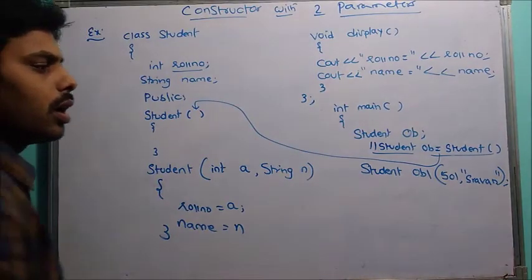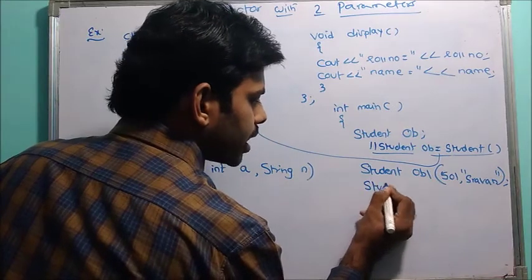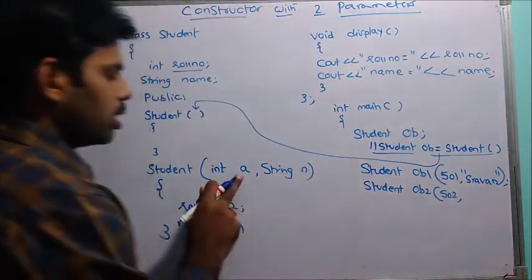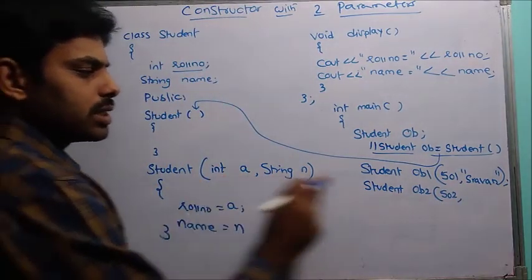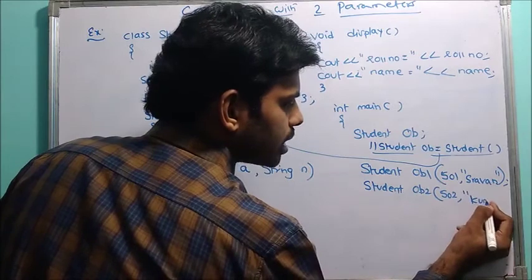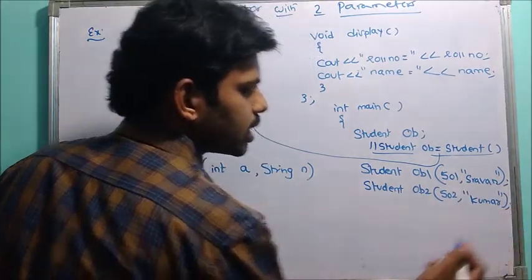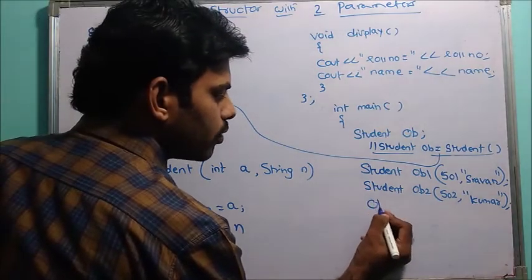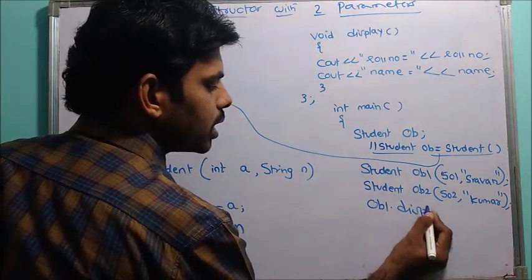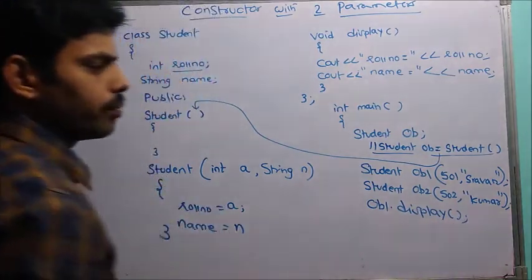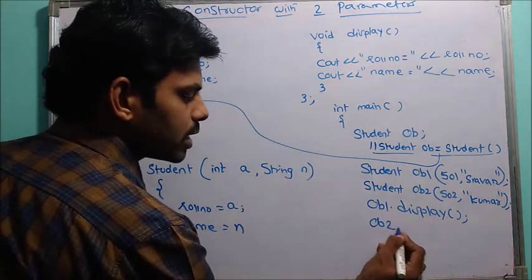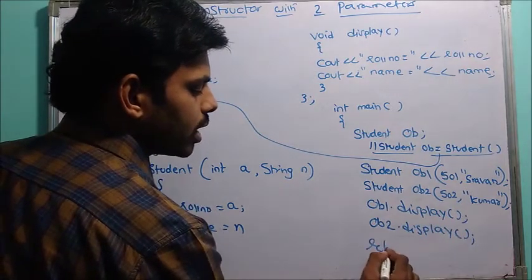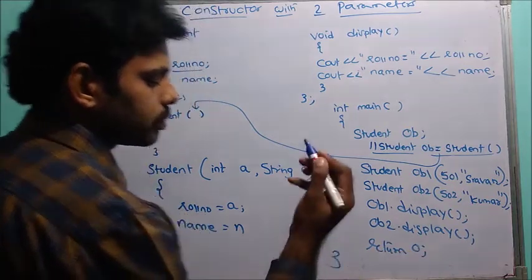And one more object I am creating, student OB2, again two parameters, one of type integer, 502, comma, the name enclosed in double quotations, that is Kumar. And OB1 dot display, I am calling the display function for object 1. And again, I am calling the display function for object 2 also. And finally, return 0.